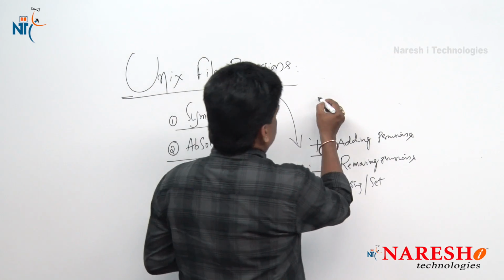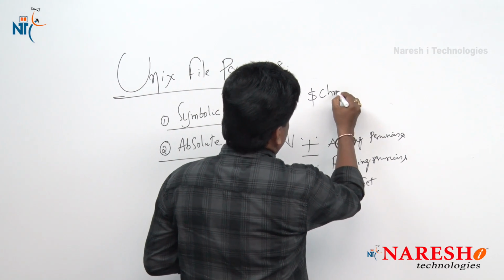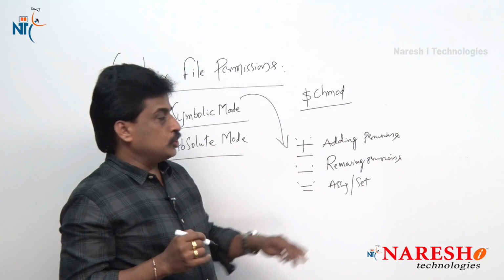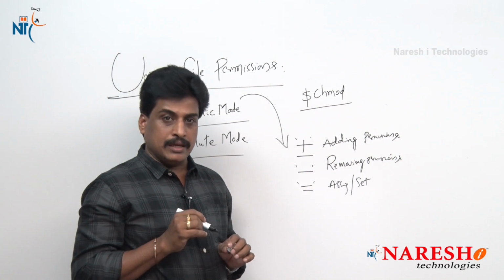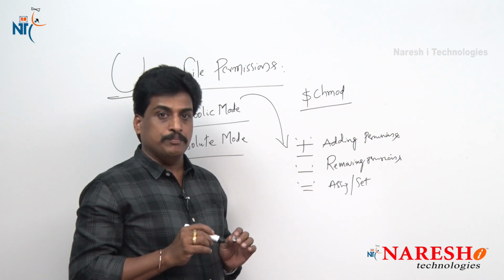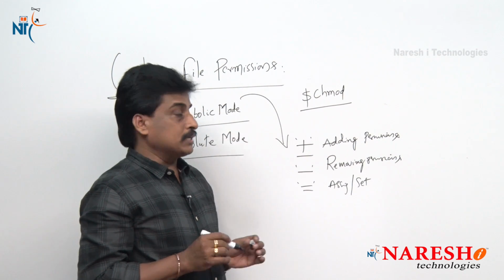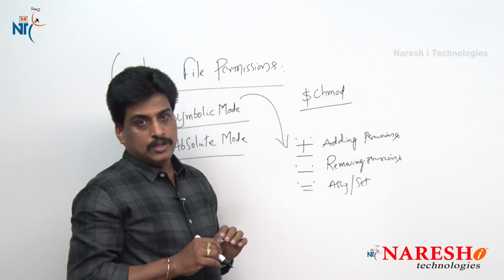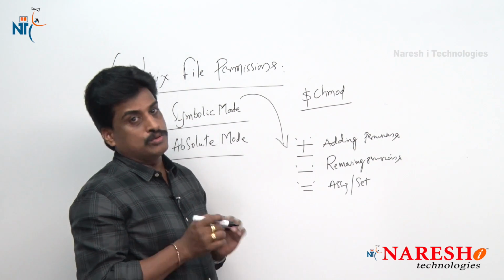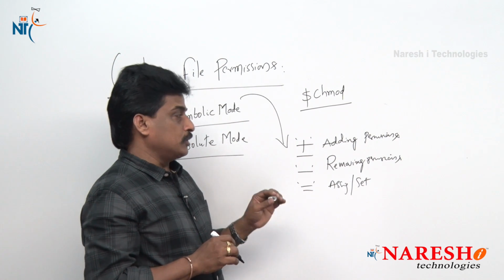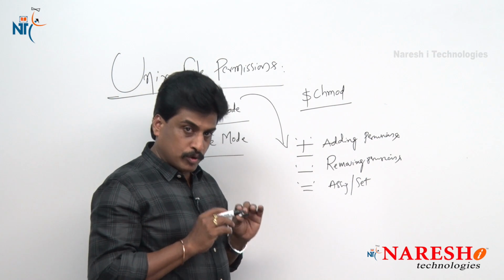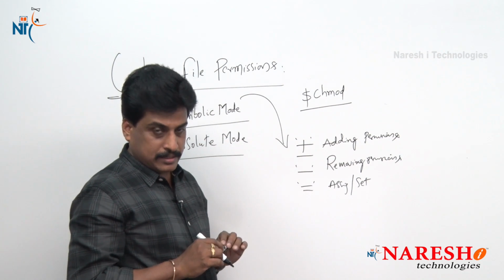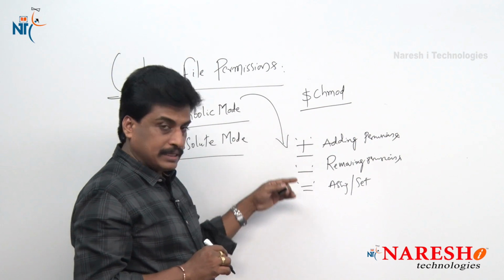The commonly used command is chmod, which stands for change mode. Using this command, we can change file permissions. Whatever permissions we require, we can transfer from one user to another user also. The chmod syntax and other things we'll see one by one practically.